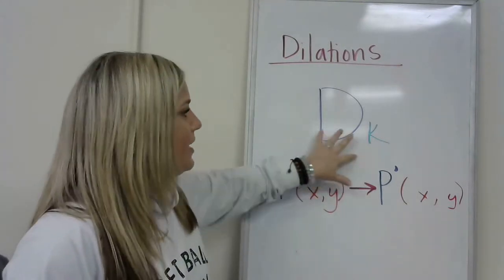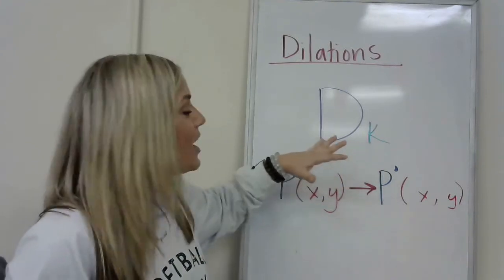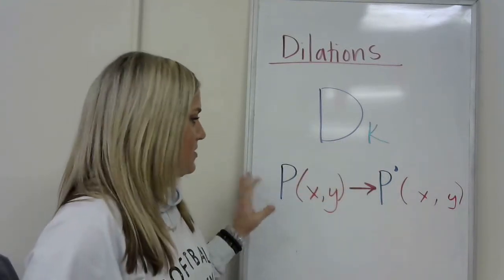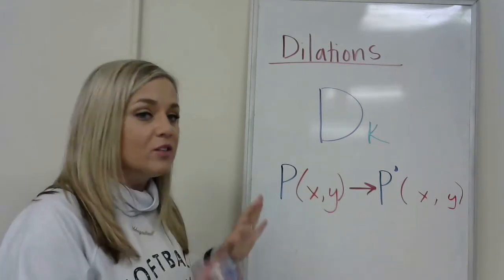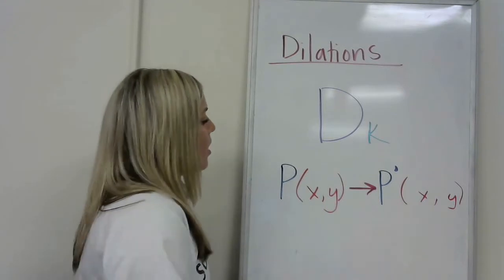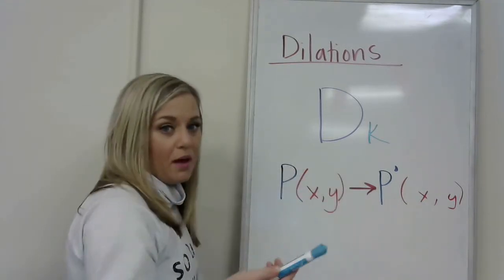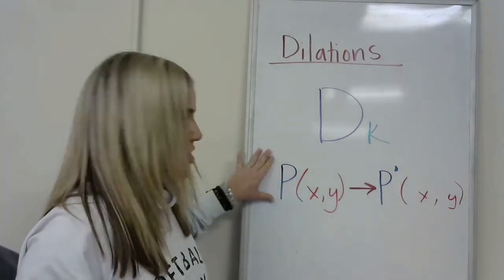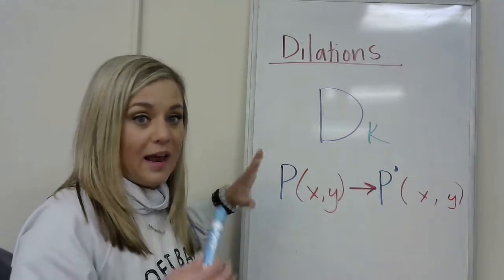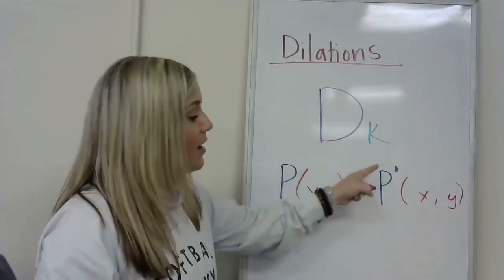So we have here our D, our dilation, and then let's say K is our scale factor. Okay, so these shapes, we don't have any numbers plugged in for X and Y. So let's understand what I've got going on here. Here's my original shape. This is my big shape. Its coordinates, we're just looking at one set of them, is X and Y, okay? Now, here is our dilation.